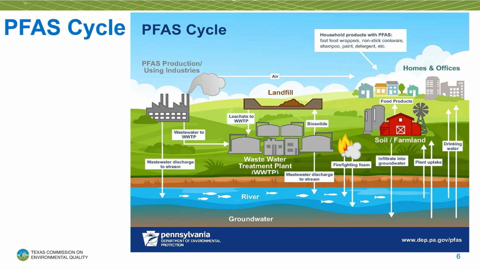It could be in the air, or they could discharge it through wastewater. They can send it to a wastewater plant that eventually discharges, and then examples like firefighting foams may run off into streams or groundwater, and then that cycle repeats. And an example of drinking water could be used, if not treated, back to homes and citizens.